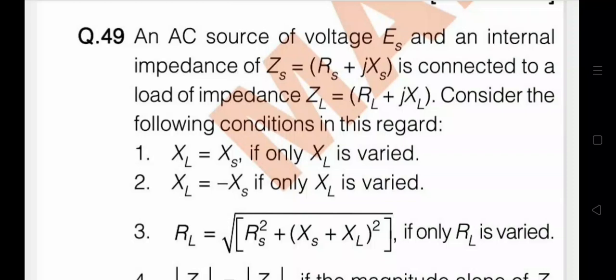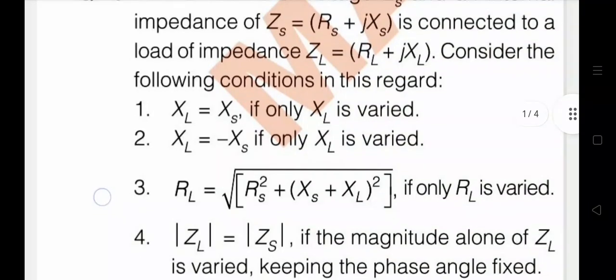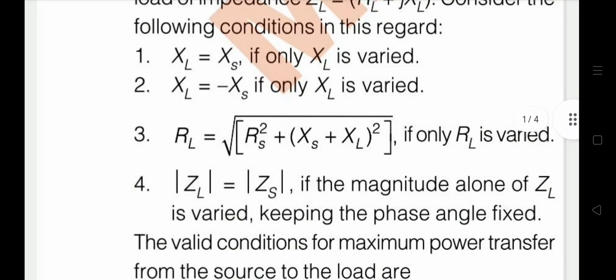Here in this question, an AC source of voltage ES and an internal impedance of ZS is connected to a load impedance of ZL. Consider the following conditions in this regard. Four conditions are given. XL equal to XS if only XL is varied. XL is equal to minus XS if only XL is varied.